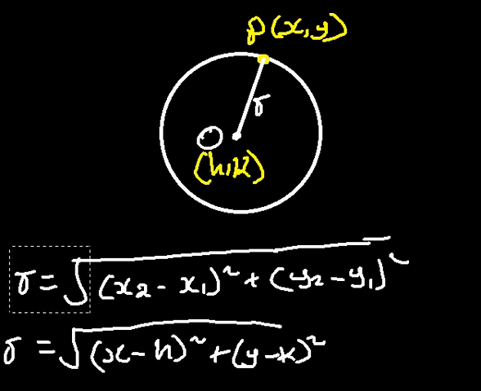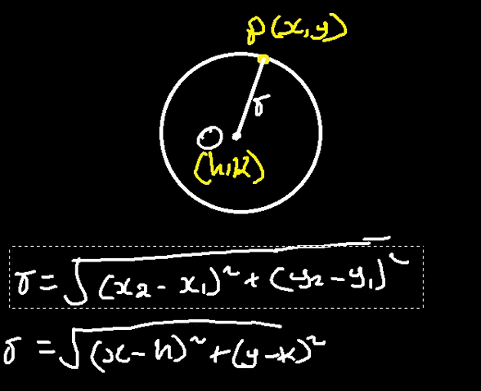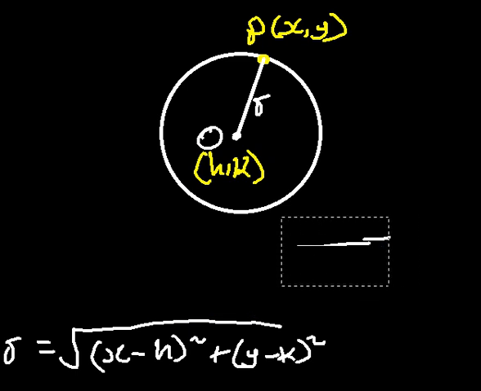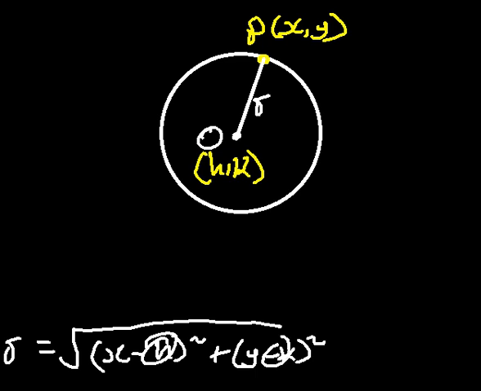Now, let's say y as well as x are the variables. Now if this is the case, then you have to understand that h as well as k are the actual coordinates at the center.